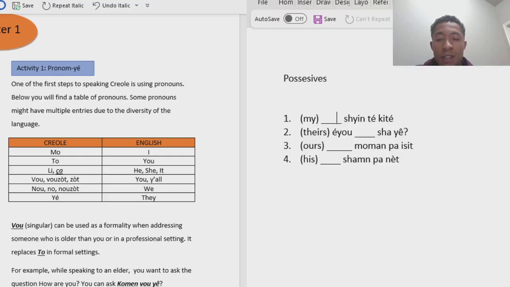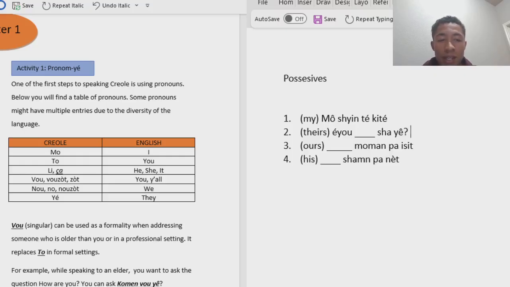Now, y'all saying the right word. However, you're missing something on the O. What are y'all missing? That's right, Love Nola. The circumflex, the little hat. Mon chien te quitte. My dog left.